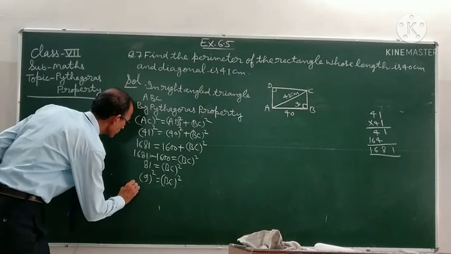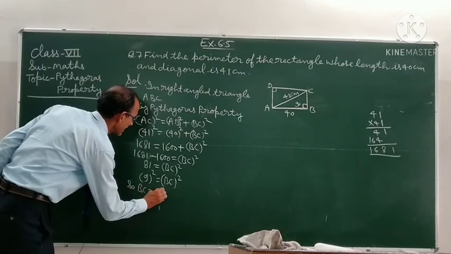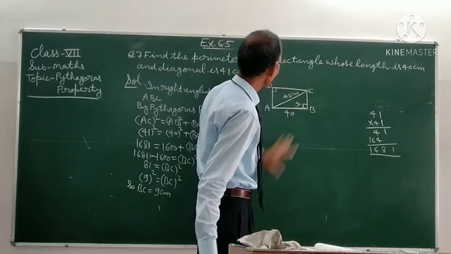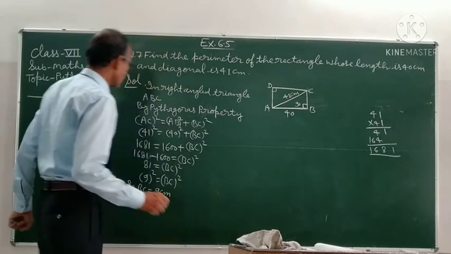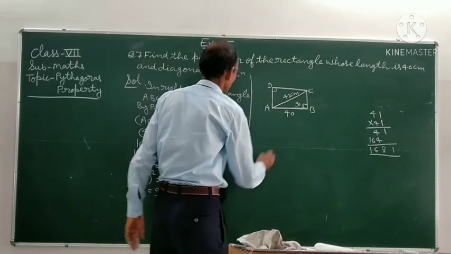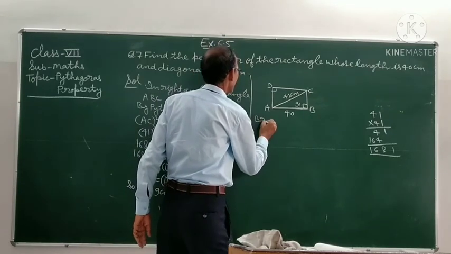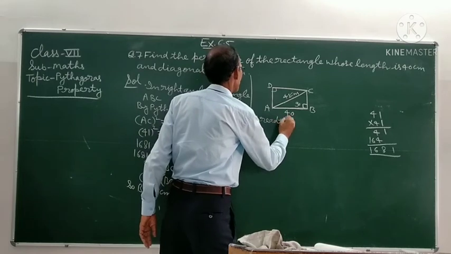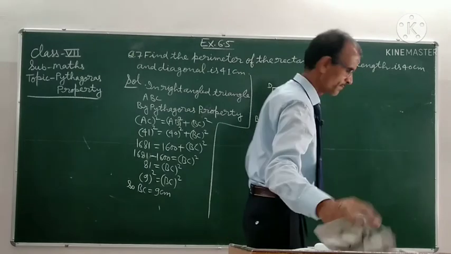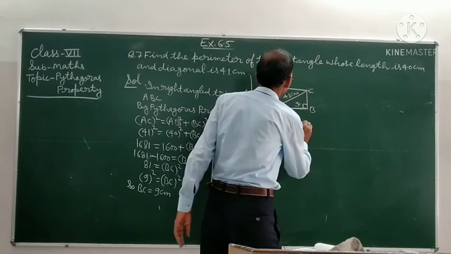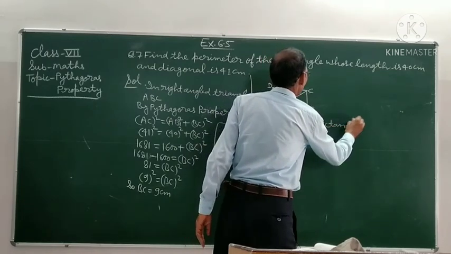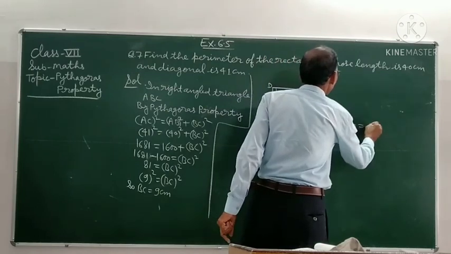So BC is equal to 9 centimeter. BC is the breadth of this rectangle. So breadth of the rectangle is equal to 9 centimeter.